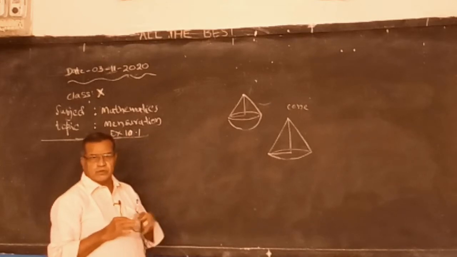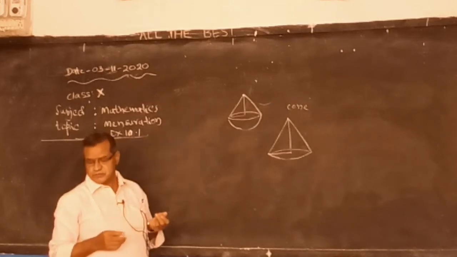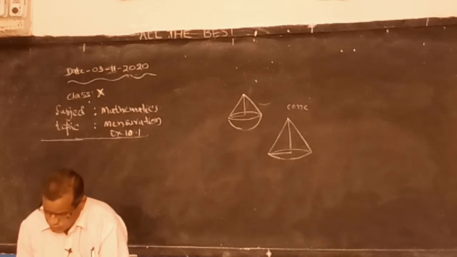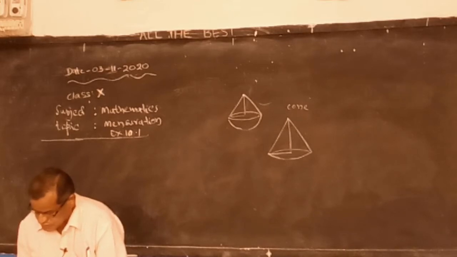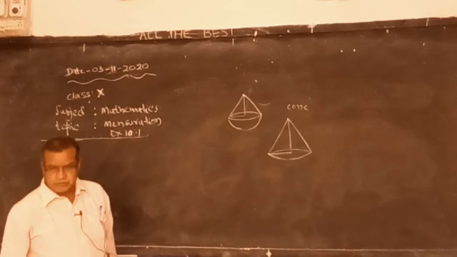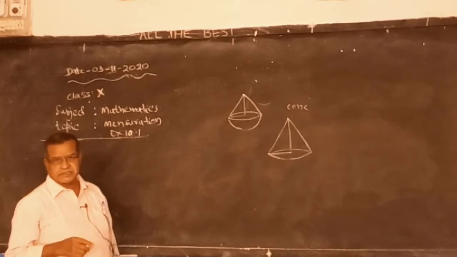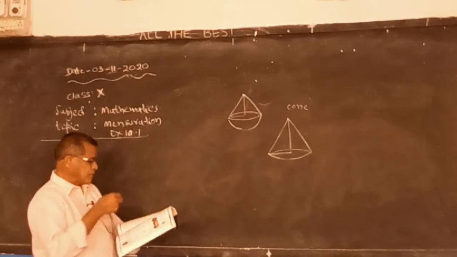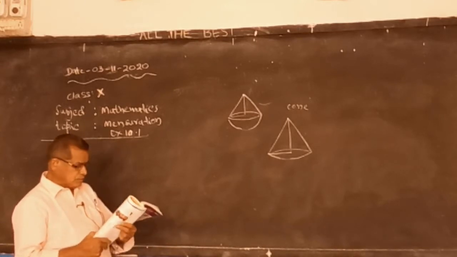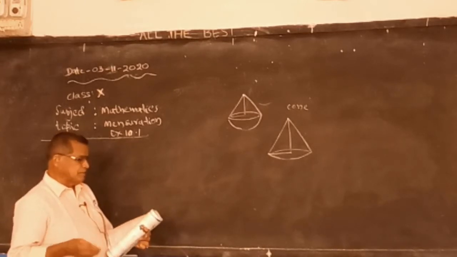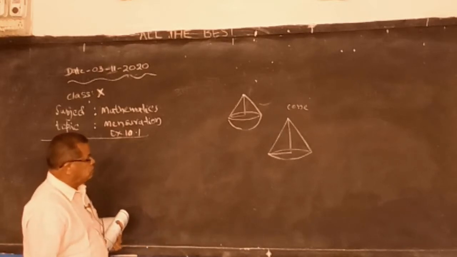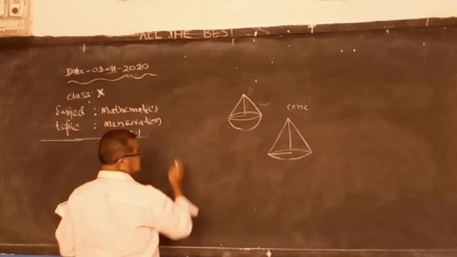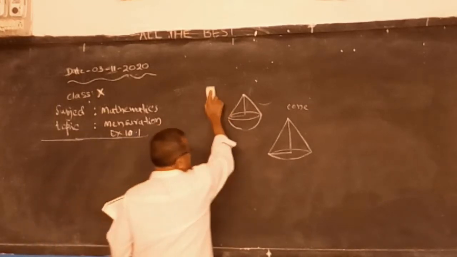Yesterday I told you to learn all the formulae given on page number 250 and practice these formulae: cube, cuboid, like that. In this first exercise, the problems are given, so let us do them. First, see page 254, exercise 10.1.